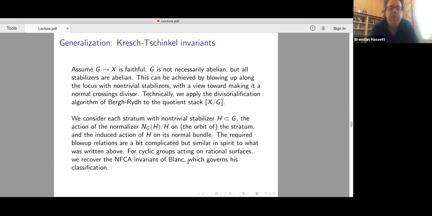For each cyclic subgroup, you look at all the loci fixed by those subgroups, and then you encode the data of how the subgroup acts on the normal bundles to these strata. This is essentially an equivalent invariant to what the Kresch-Tschinkel invariants do. It's just encoding all that additional information. Okay.